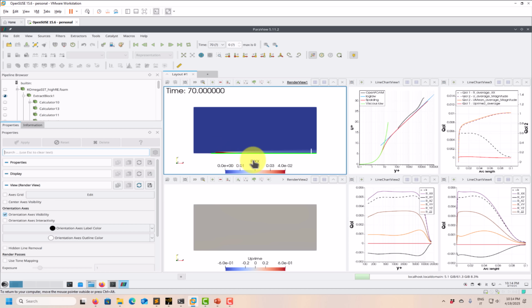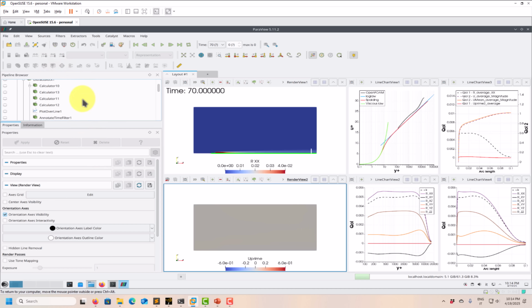Then you have XY, the shear one, the one responsible for the mixing. Here we have the fluctuation prime, so we don't see anything there. U prime, but it doesn't matter. Interested here, if we look at this plot, we have quantity of interest 1, 2, but we have average from OpenFOAM and average in ParaView.